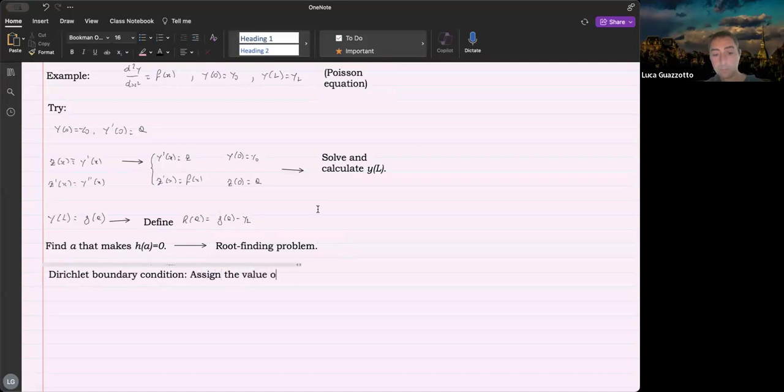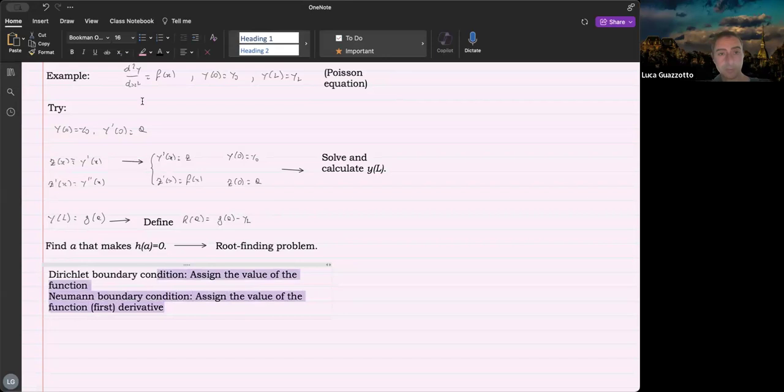Where I'm assigning the value of the function. And for the Neumann boundary condition, I'm assigning the value of the derivative. I'm putting first in brackets because it should be obvious it's the first, but you never know.